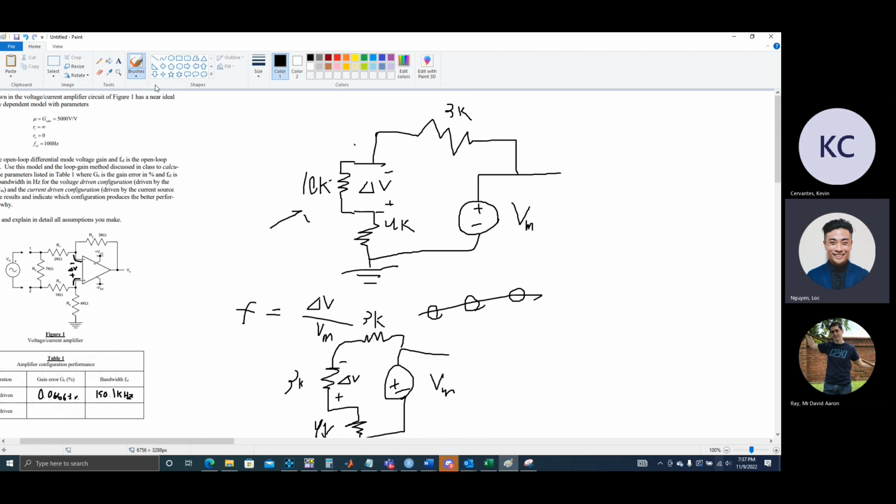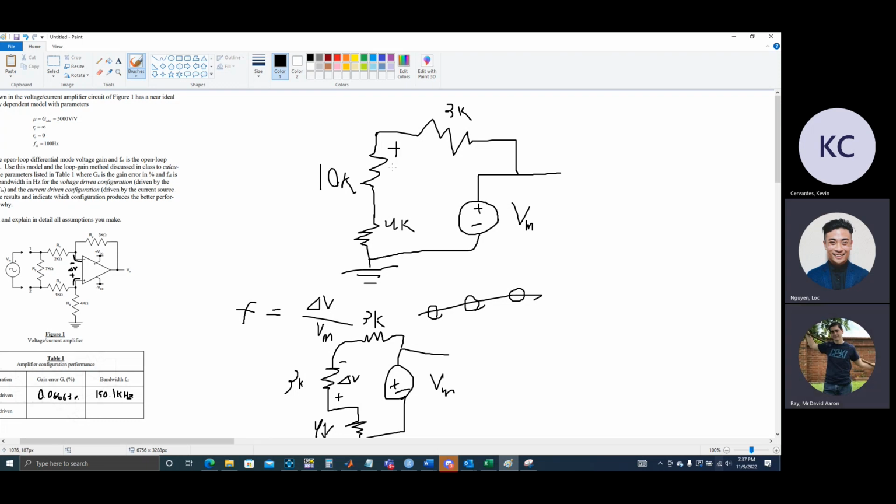Right. And so when you derive for delta V, you would have Vm times 10K over the total of everything else, like 3 plus 4 plus 10K. Yes. Okay. 10K plus or minus plus change in V.